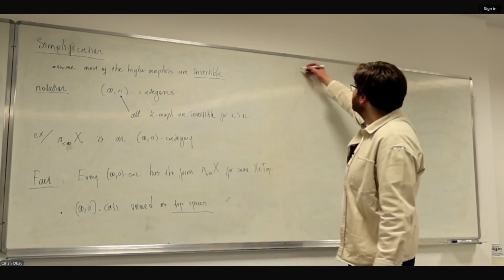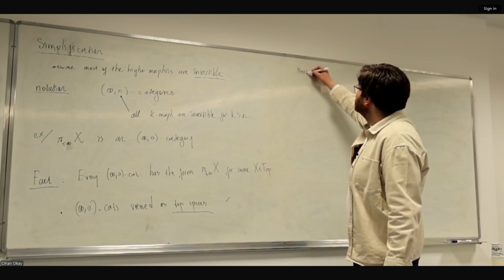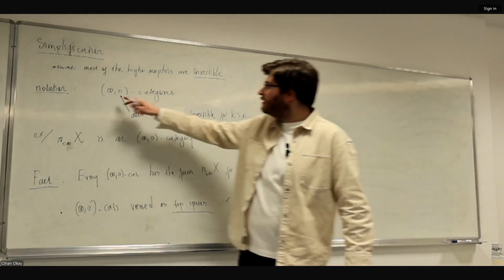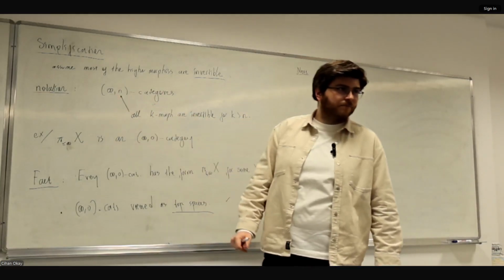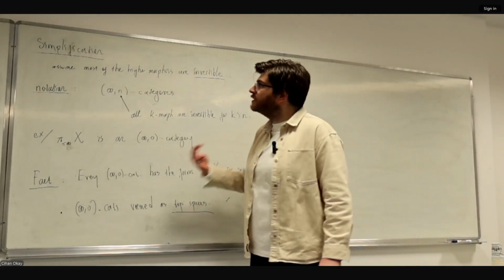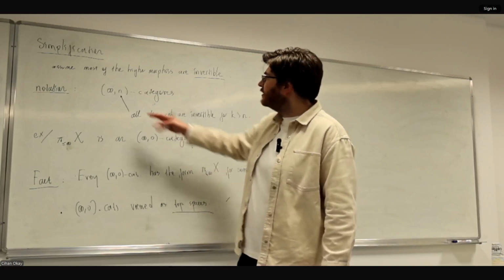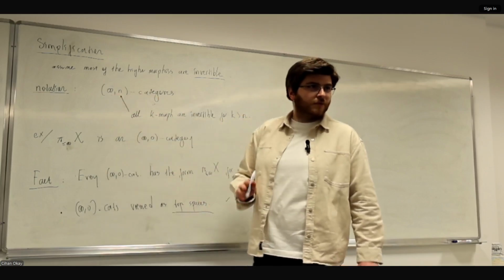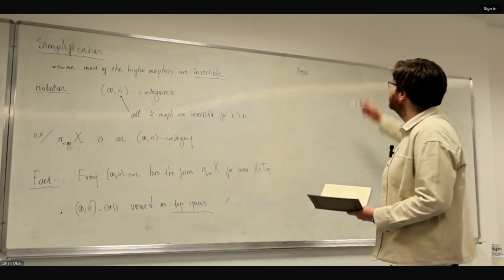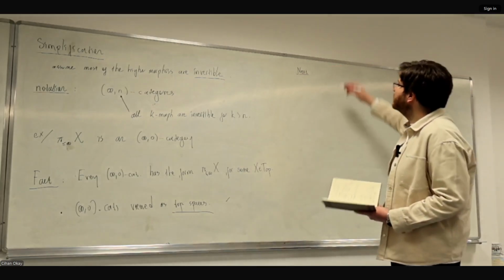But the first interesting case is when n equals 1. Usually when somebody talks about infinity categories, they mean (infinity, 1)-categories always, because this is the simplest possible and still interesting case.